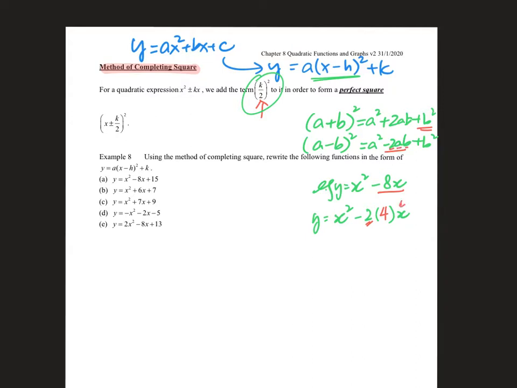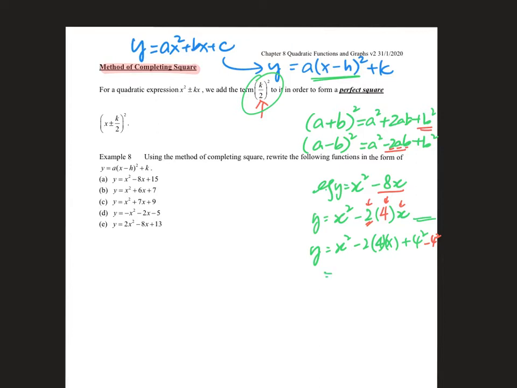A is x, 2 here, and that's why it's a 4 for the value of b. In order to make it a perfect square, you write it as minus 2 times 4 times x and then plus 4 square. But you can't just add 4 square because there is nothing originally in the question, so you need to minus 4 square in the function.